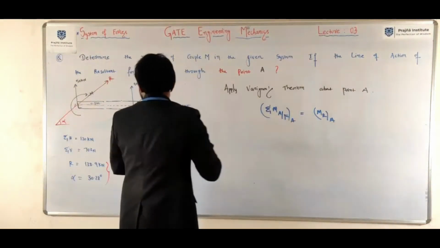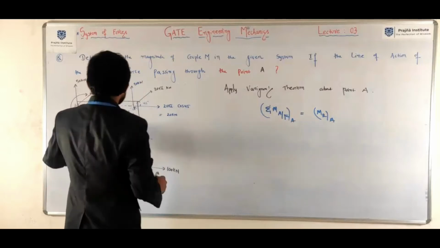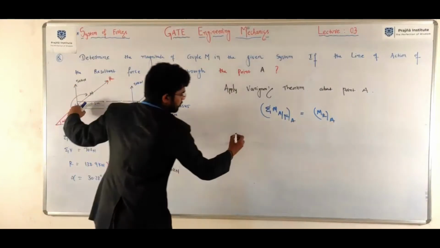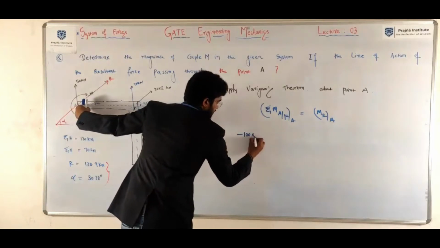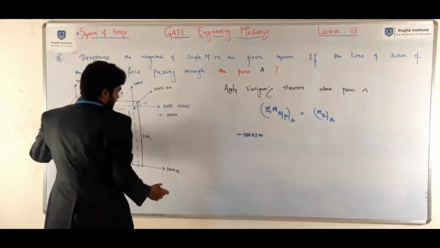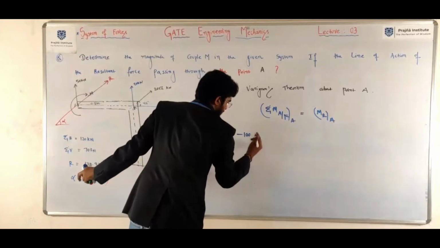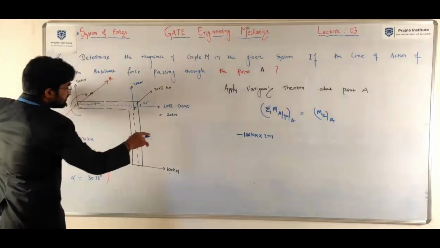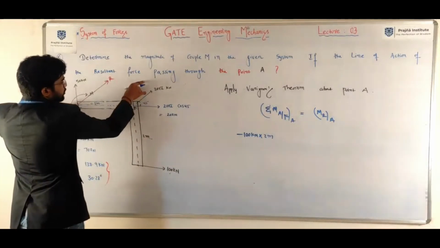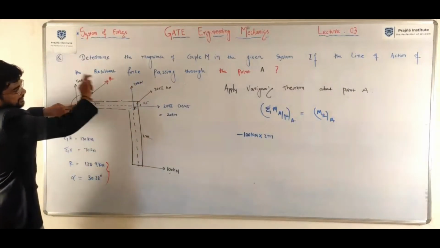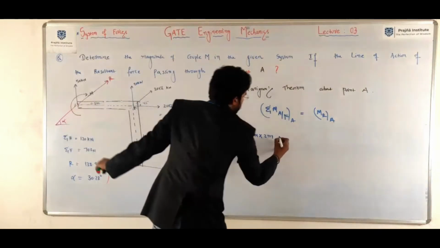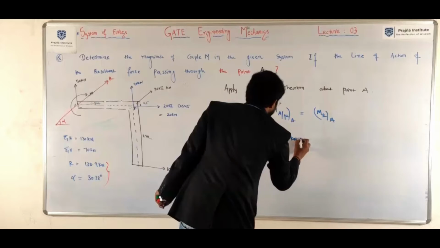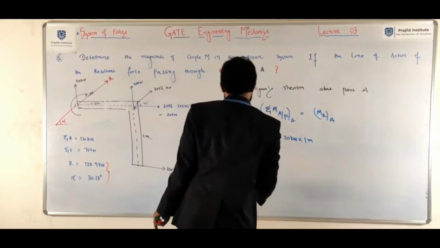apply moment about A. Start from here. What is the moment of this about this point? Anti-clockwise, minus 100 into 2 meter. Next, moment of 20 kilonewton about this point. It is also anti-clockwise, minus 20 kilonewton into 1 meter.